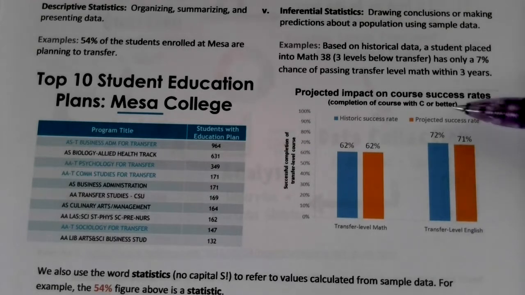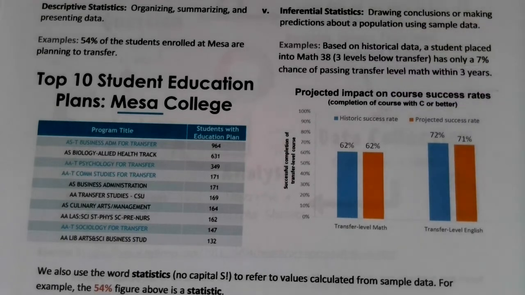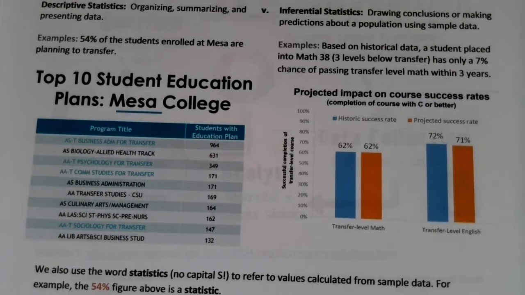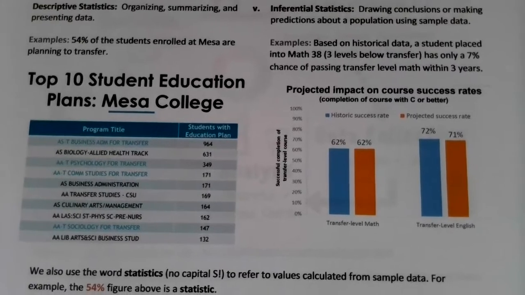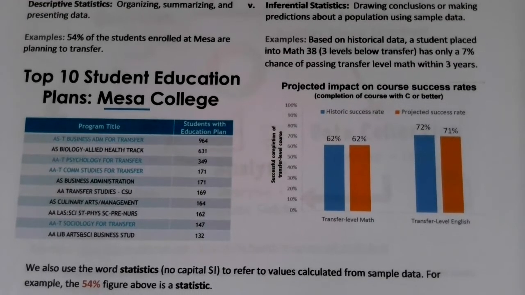And basically, let me go back a little bit. Once they looked at this data, they said, okay, this is not really good. Only 7% of students are passing their math requirements within 3 years. So this is not really good.